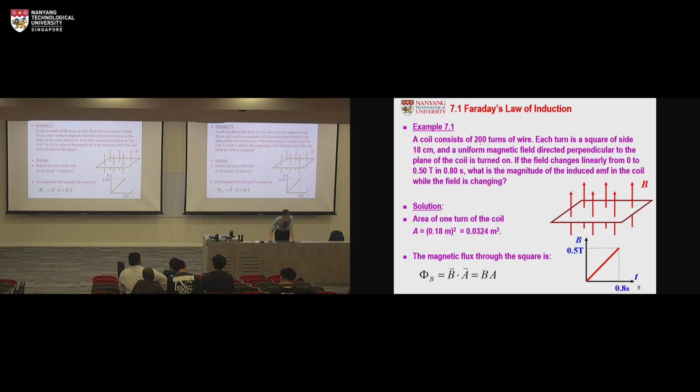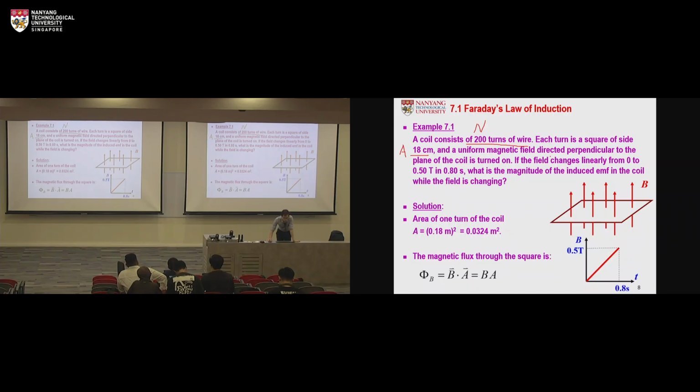EMF, first, a coil with 200 turns of wire, that is to say in this case, this capital N is 200, and each turn is a square of 18 centimeters. So from here, you can find out the A for each turn, right?